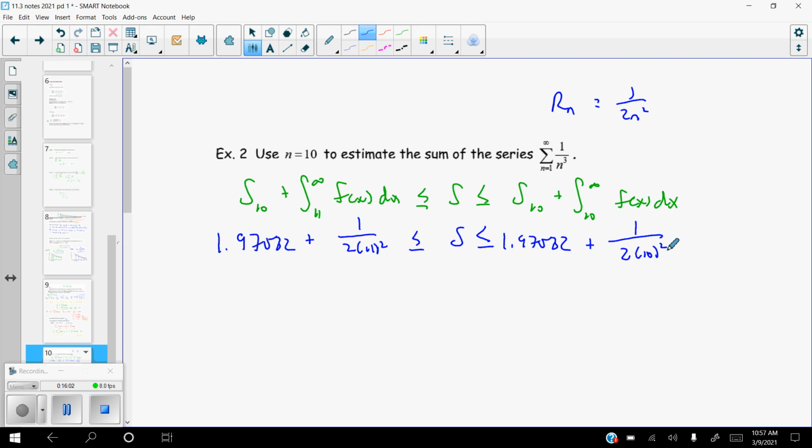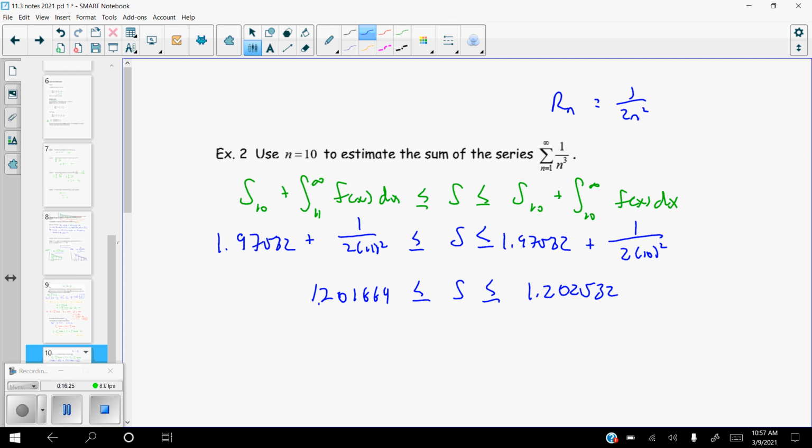All right, and then plugging all this into your calculator, because obviously I don't expect you to do any of that in your head, on the left-hand side you get 1.201664 is less than or equal to your sum, which is less than or equal to 1.202532.